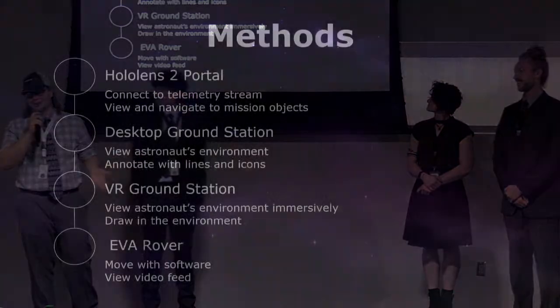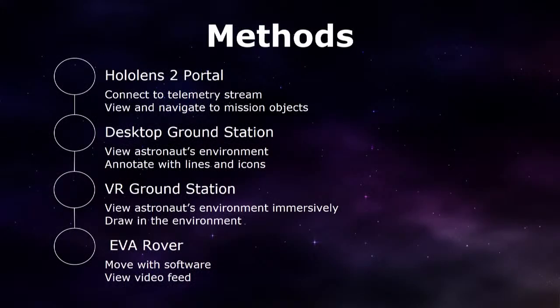I'm just going to go over very quickly the 4 main components of our system, which Megan already touched on. First is the AR HMD, which everybody here is familiar with, the HoloLens 2 at this point, which has all the main features that we use for everything. The 2 ground stations, VR and desktop, are ways for mission control to view the environment of the person in the HMD, see it as a topological mesh, and annotate on it.